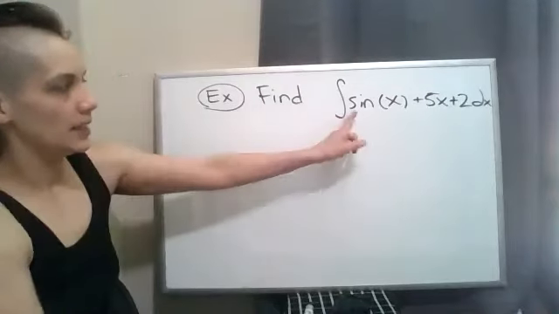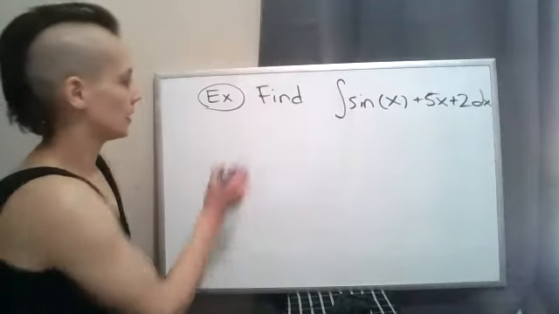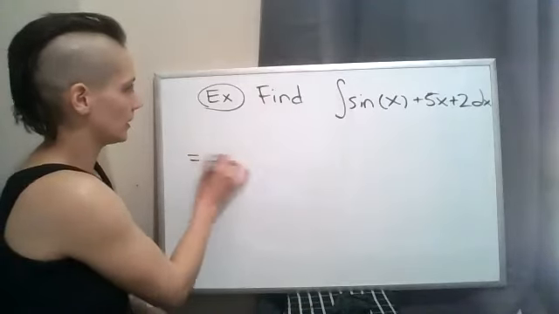Okay, so the antiderivative of sine is negative cosine of x.